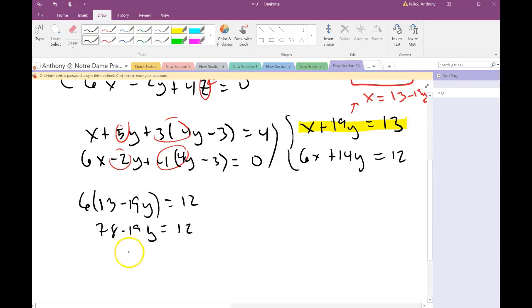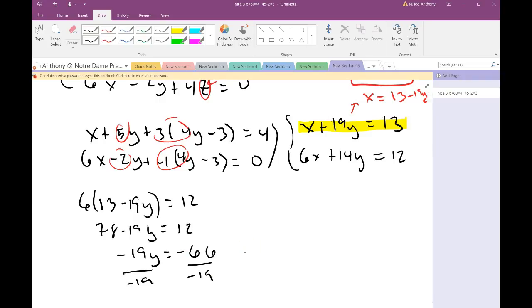If I subtract 78 from both sides, I have negative 19y equals negative 66. And something feels wrong about that. When I divide this by negative 19, I get what? Or no?